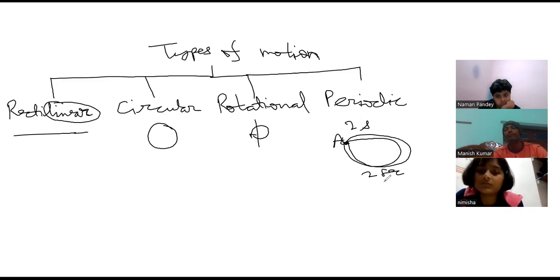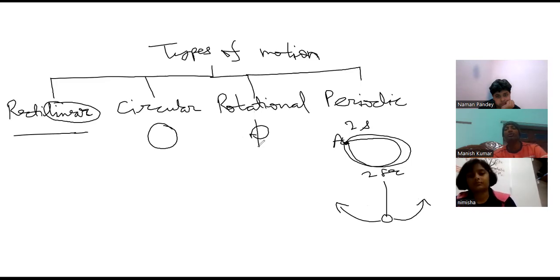Like a pendulum. Have you seen a pendulum? Yes, sir. It moves like this. Now rotational, any example? Earth. Earth rotates on its axis, that you have already learned, isn't it, Naman? Yes, sir. Now circular motion.